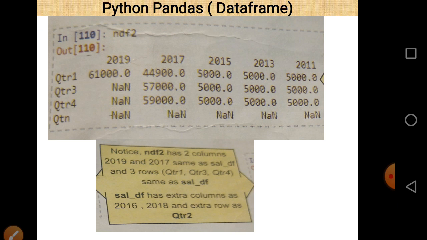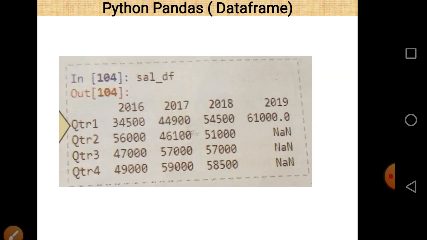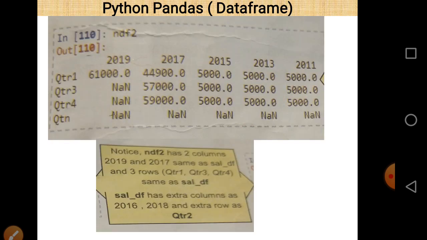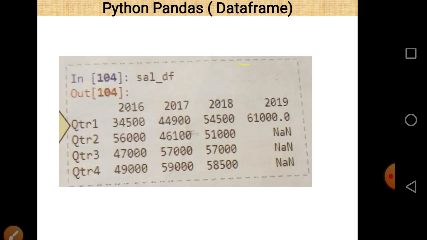And there is another data frame represented by SAL_DF, in which the column names are 2016, 2017, 2018, 2019. Now when we compare these two data frames, we can see that in SAL_DF there are 4 columns named 2016, 17, 18 and 19, and in NDF2 there are 2019, 17, 15, 13 and 11.